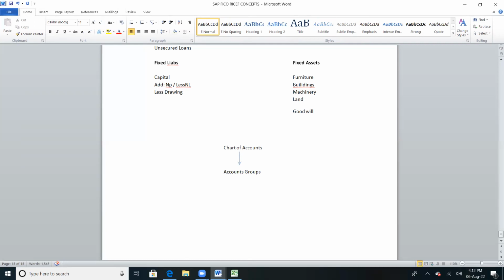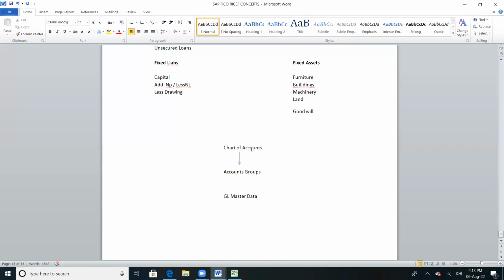So the structure is like this. Individual accounts, nothing but GL master data. What is the structure? Chart of accounts: we need to first create chart of accounts. Under that, we need to create account groups and link them to the chart of accounts. After creation of account groups, we need to create individual accounts, GL masters. So we are grouping, creating groups, and after that GL masters. Clear?